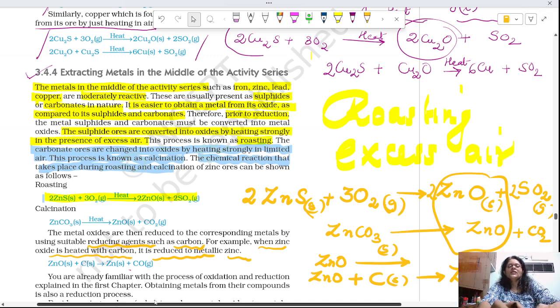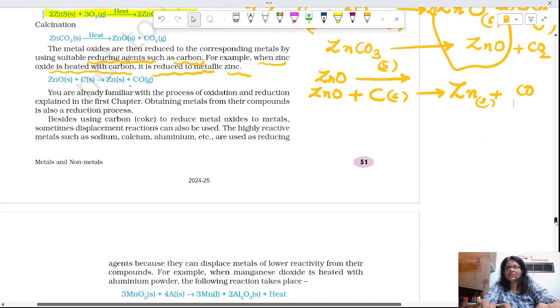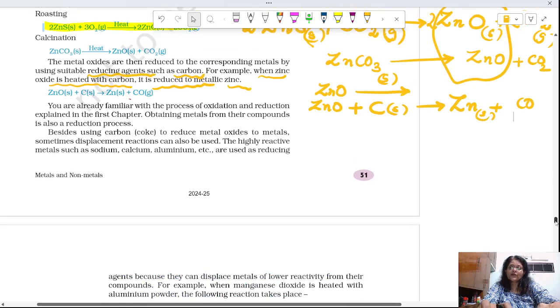You are already familiar with oxidation and reduction: removal of oxygen is called reduction, and addition of hydrogen is also called reduction.